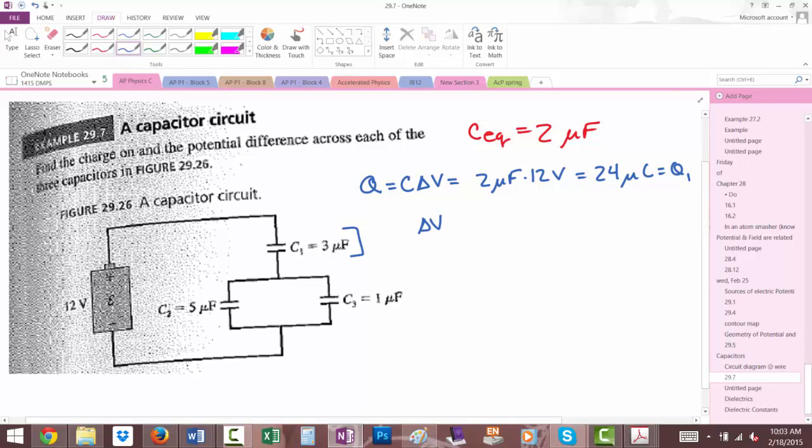So delta V for 1 is equal to Q1 over C1, so that's 24 microcoulombs divided by 3 microfarads gives you 8 volts. So that's 8 volts of potential across this one, which means how much potential difference is there across this part?